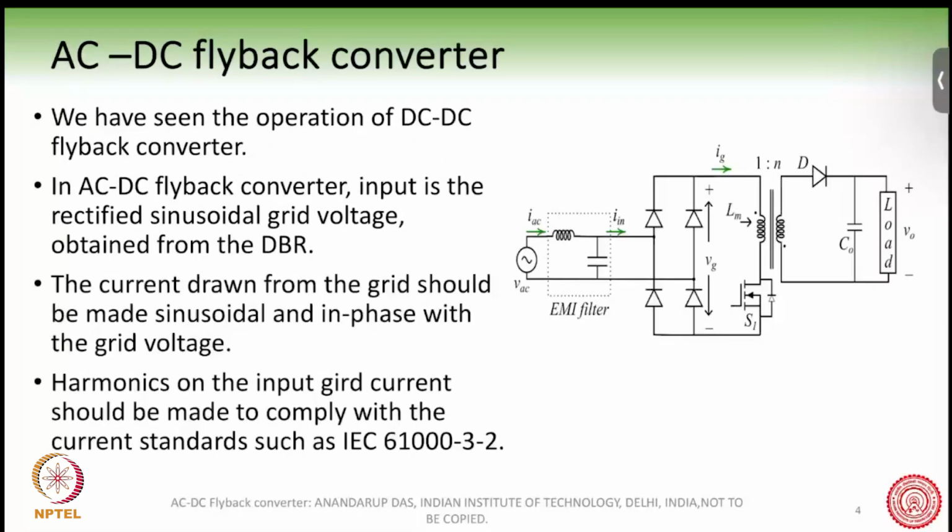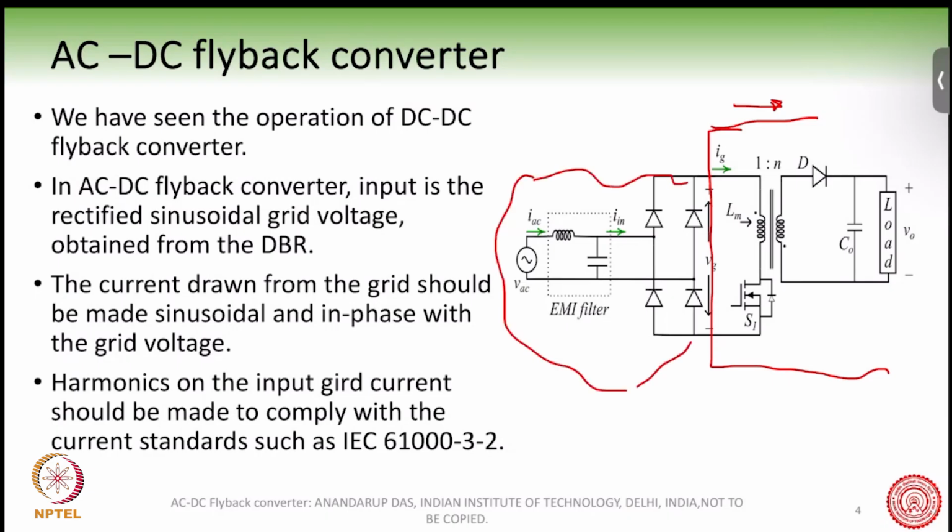Now, we have already seen the operation of the DC-DC flyback converter, where we talked about the operation of this part of the circuit, where we had a stiff DC input and we were providing a DC output. Today we will integrate the AC to DC part as shown here.